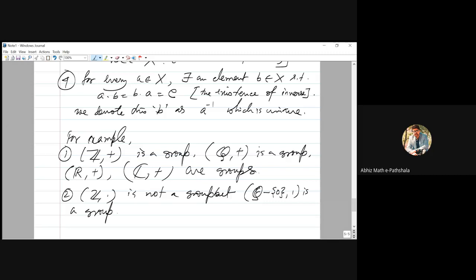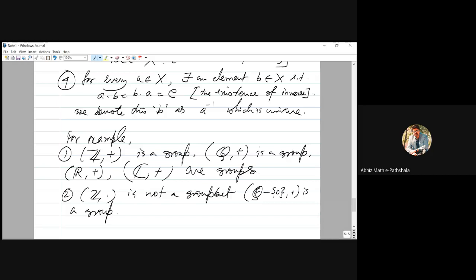Q dot is also not a group because 0 does not have an inverse with respect to multiplication. But except 0, all other elements do have an inverse. But 0 does not have an inverse with respect to dot in rationals.